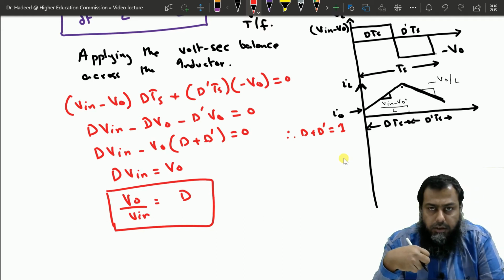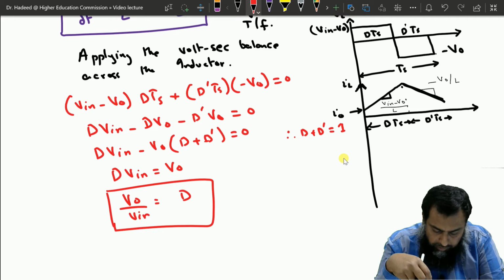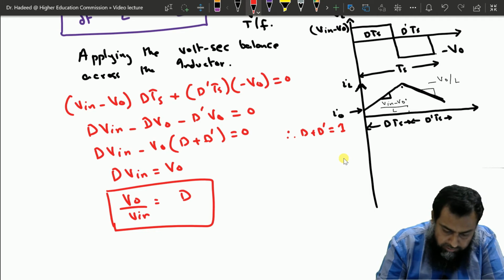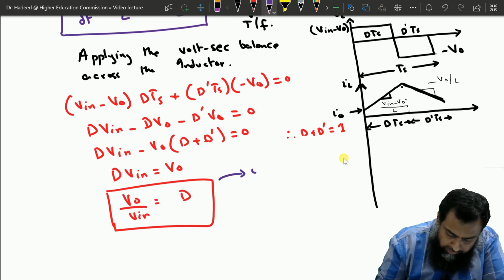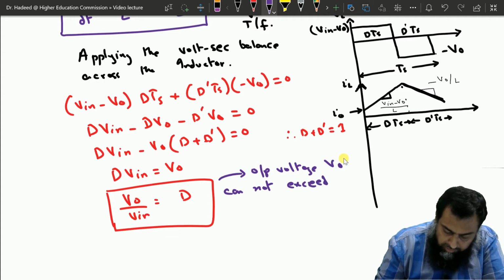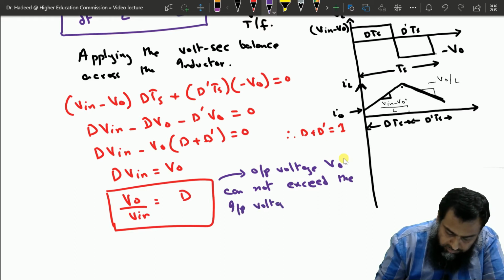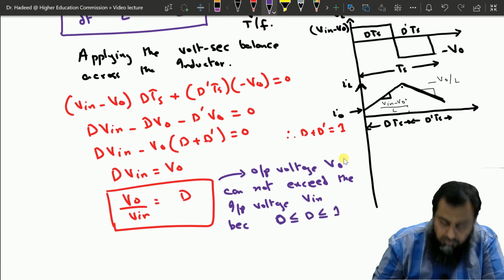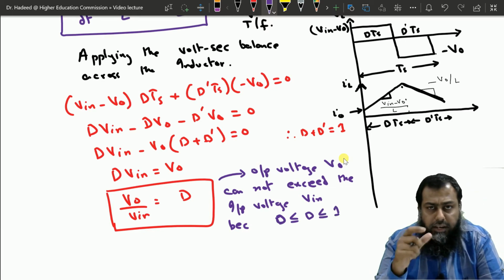So we have some important points that we need to see in this particular equation. The first thing here is that this output voltage Vo cannot exceed, or cannot be greater than, the input voltage Vin, because D at a maximum can be 1. This is the first thing that we see here.